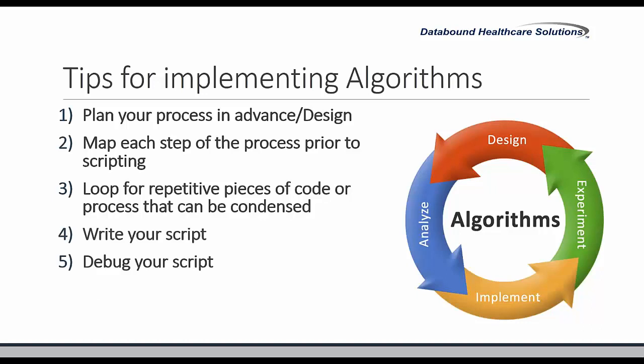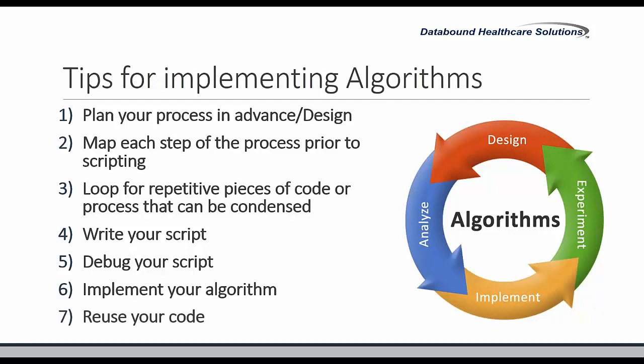Write your script, debug your script, and then implement your algorithm. And last but not least is reuse your code. Once you've written a great piece of code that's generic, take it from one script and put it in another script. It will mean less time scripting, more time tweaking and making that script perfect.